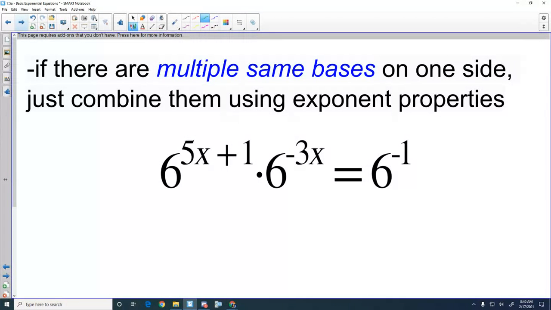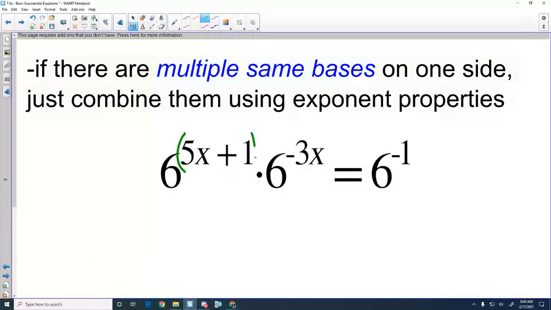And when you had that, you would add the exponents together. So in this case, on the left side, you have 6 to some exponent times 6 to another exponent. So we'd want to combine those two bases together on the left, which we are allowed to do. Whenever you're multiplying the same base, we add the exponents.